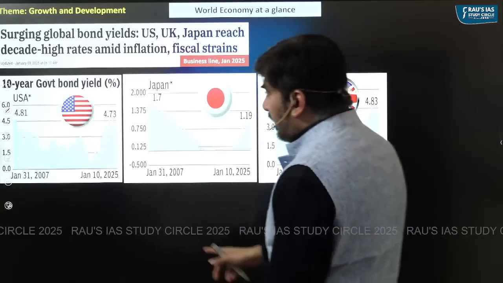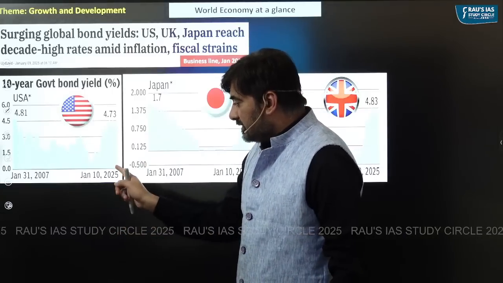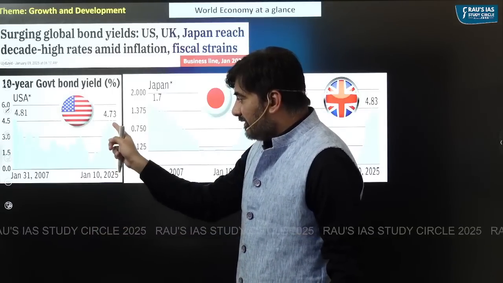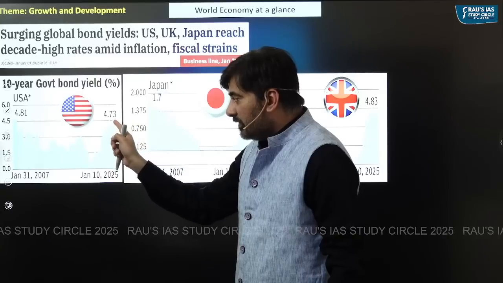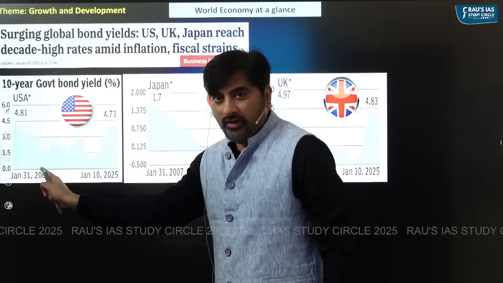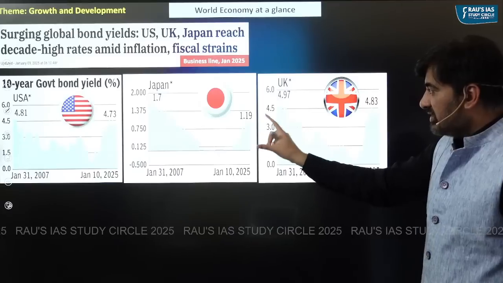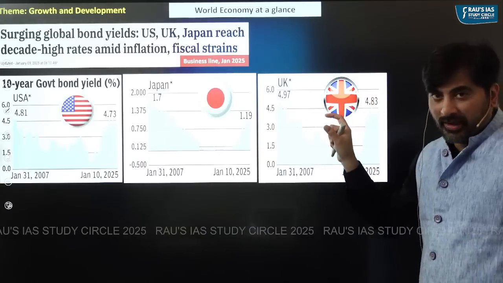You can see in US, the bond yield in Jan 2025 had reached 4.73%, which is considered to be the highest since 2007. The same can be said about Japan as well as UK.